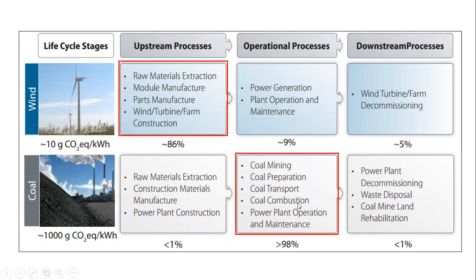And if we look at a coal plant, it is 98% the actual operations of the plant, which are driven a lot by the combustion of coal itself. So if we look at the impact in terms of CO2 equivalents per kilowatt hour, we can see that wind is about 1% that of coal.